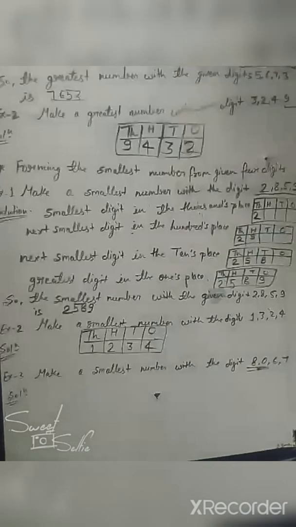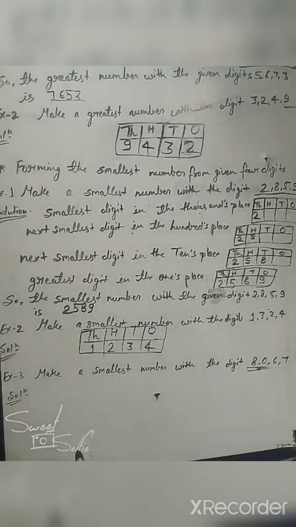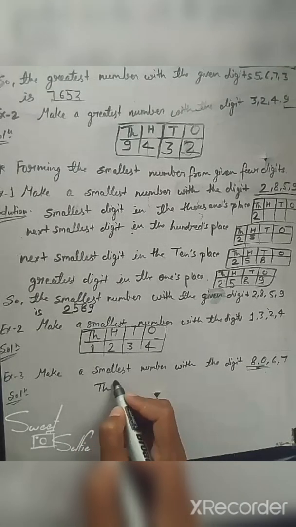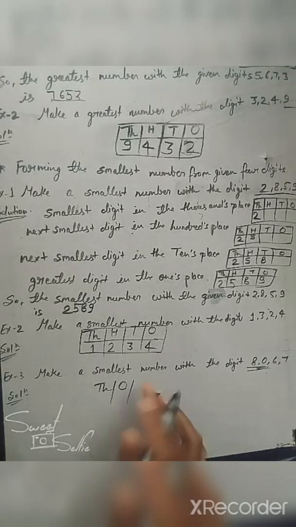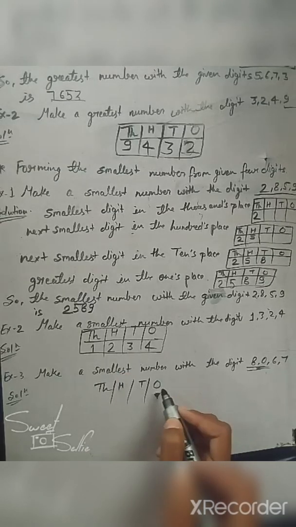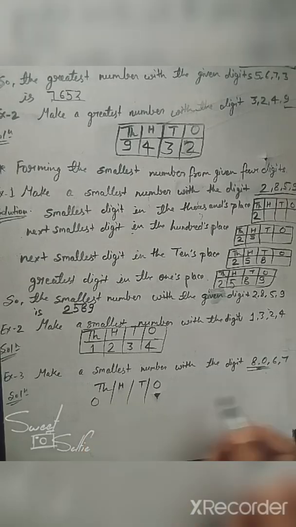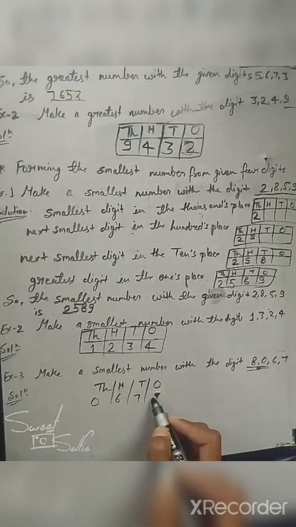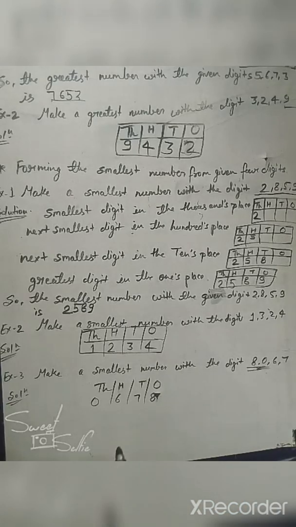Look at this. According to the previous rule, if we are writing 0 at the thousands place, then 0, next smallest digit is 6, and then 7 and 8. Now you read it. How can we read it? 678.